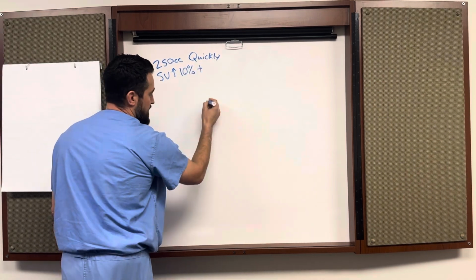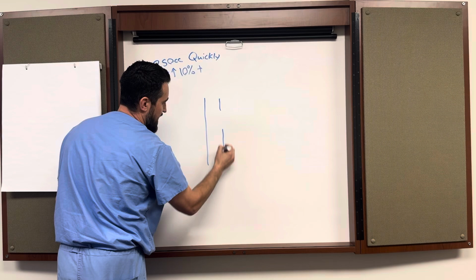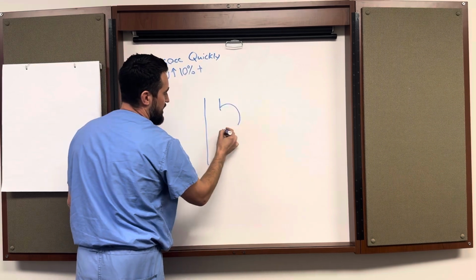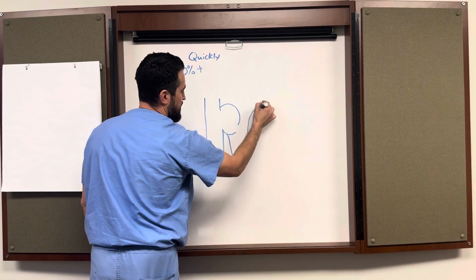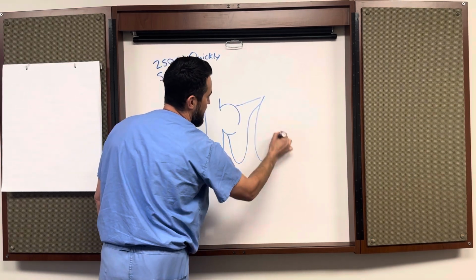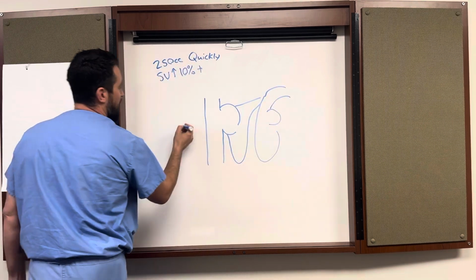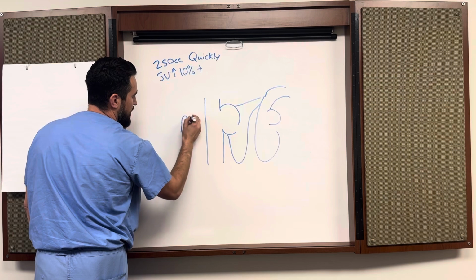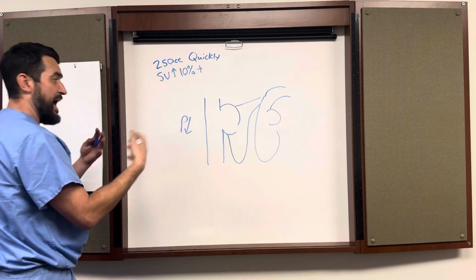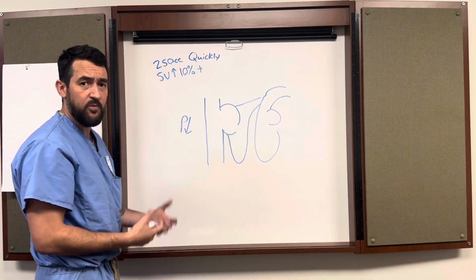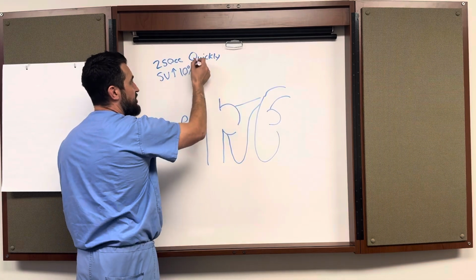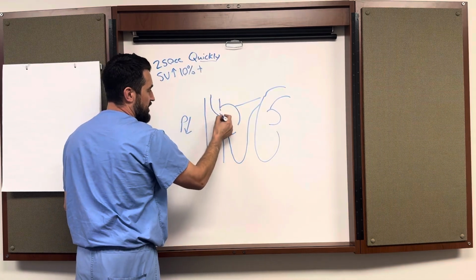The idea is this: if this is the right side of the heart, we've got the SVC and the IVC, the right atrium, right ventricle, pulmonary artery, left atrium, left ventricle, and aorta. We are assuming that preload is down and that adding volume will help this heart beat more effectively. So we give the volume quickly so we can assess that right now.